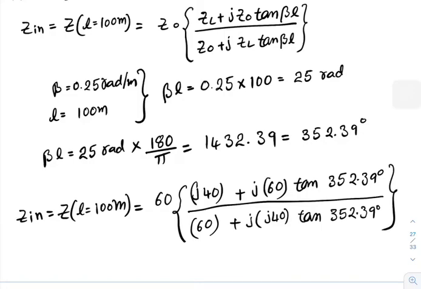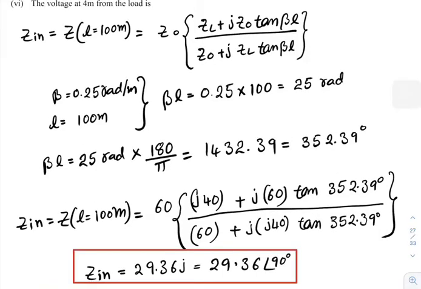If you solve this, you will get the input impedance equal to j29.36. In polar form, that is 29.36 angle 90 degrees. Therefore, the input impedance at the sending end is j29.36.